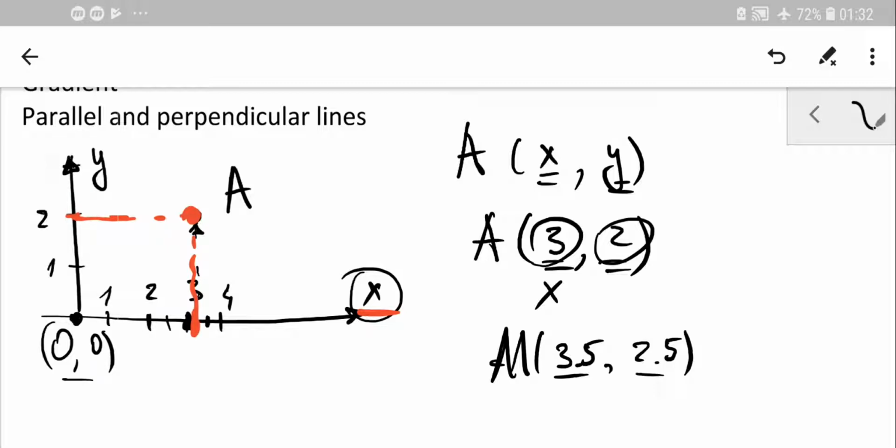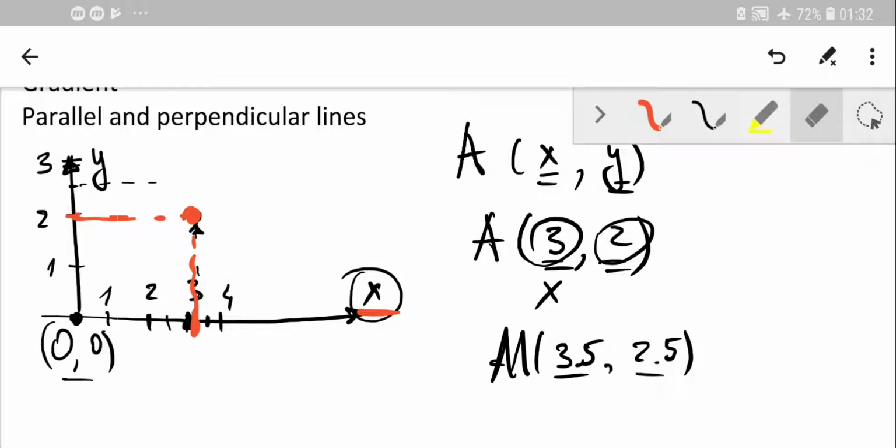Let's say this is 3, this point has coordinate 3 for y, so again you use a midpoint here. And that's your point M, okay? Or you start from 0 and do 3.5 steps to the right on x, and then 2.5 steps up. That's how you arrive at the point M.